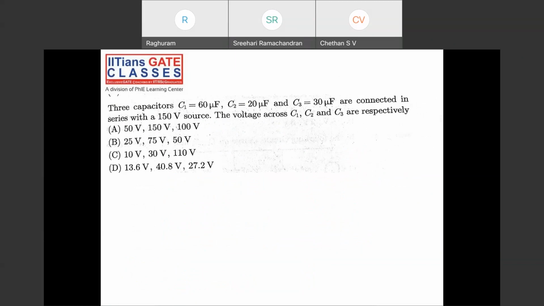Find this. Three capacitors C1, C2, and C3 are connected in series with a 150 volt source.